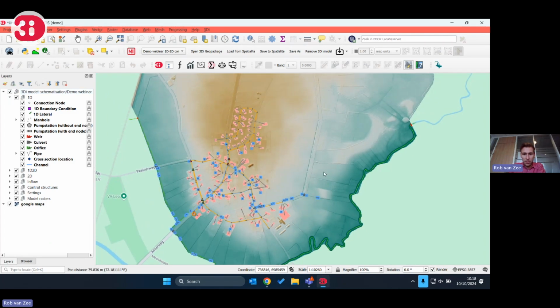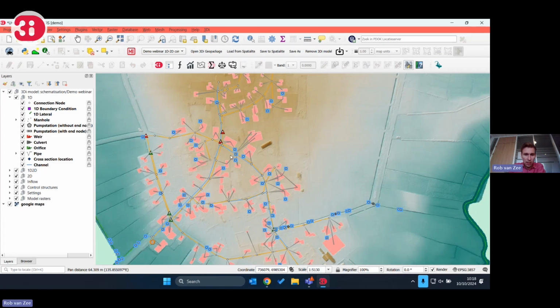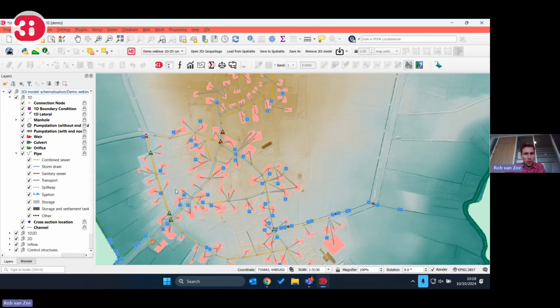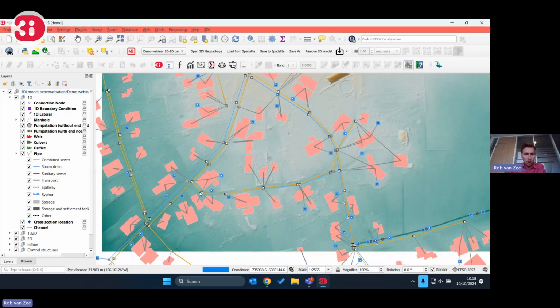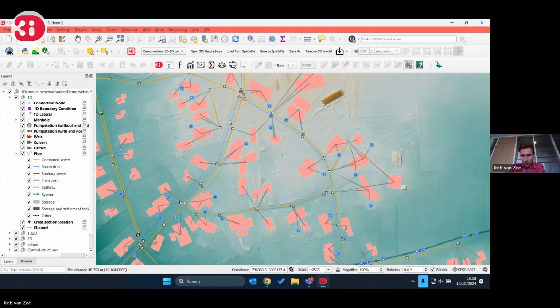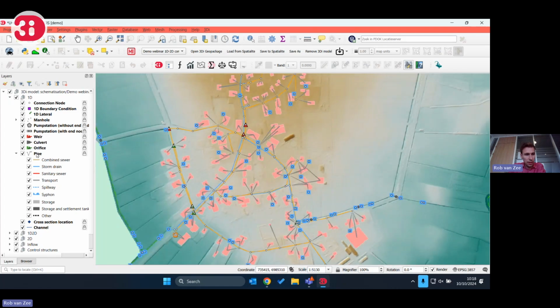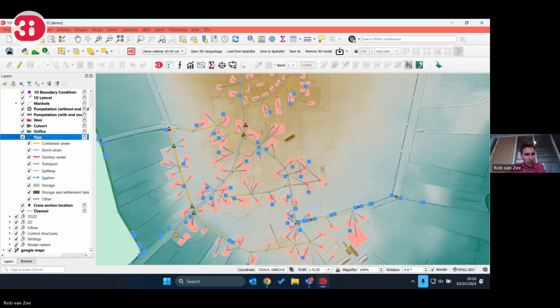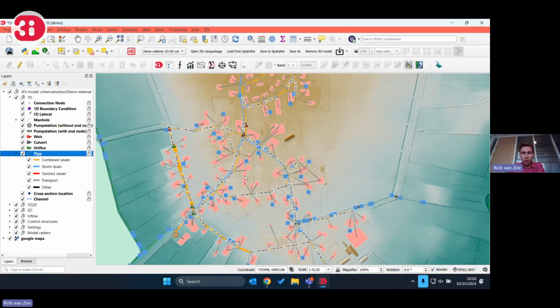So here we've got the village of Loon. And you can see there are a lot of storm drains, which are the blue lines, and some combined sewage through here. And how this system works, what I do is I look at the cross sections of the model.